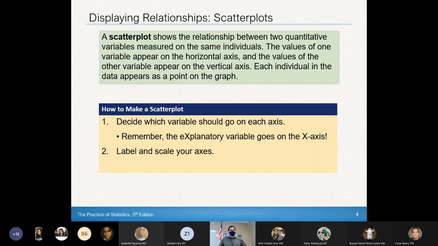Make sure you have clearly labeled when you're creating your own scatter plot what each axis represents, and then scale those appropriately. In any graph that you make, remember that the distance between each number, between each hash mark on your graph must represent the same distance for each one. You can't go from 0 to 5, then 5 to 20, then 20 to 25 in your scale. It should be 5, 10, 15, 20.